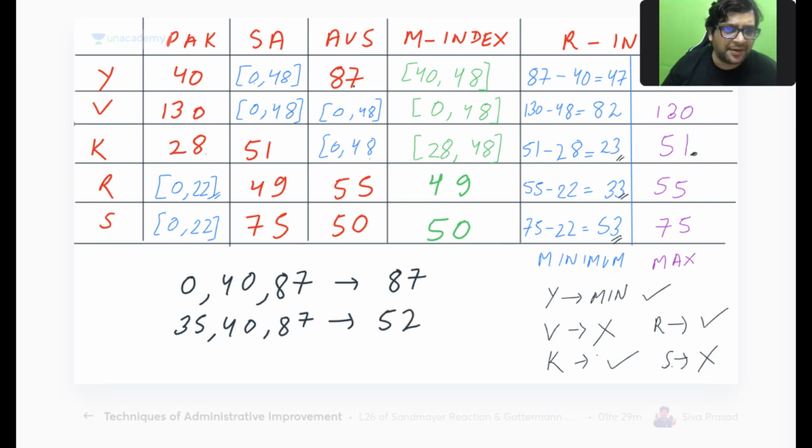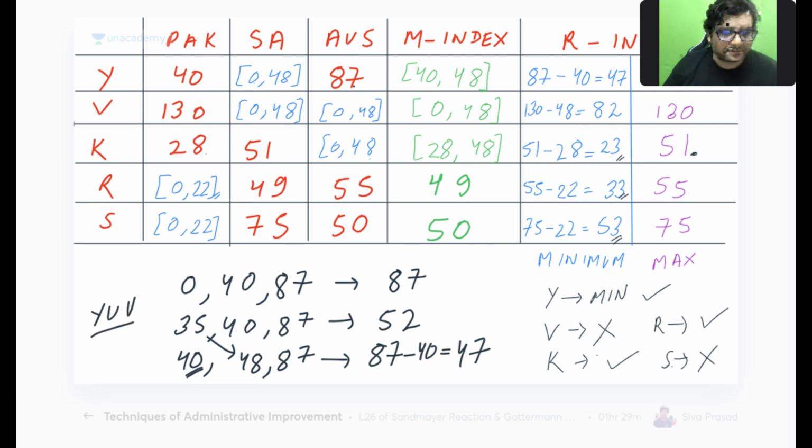If I take this one against South Africa as 48 instead of 35, then my lowest value becomes 40, and in that case my range becomes 87 minus 40 or 47, which is how I got this value.